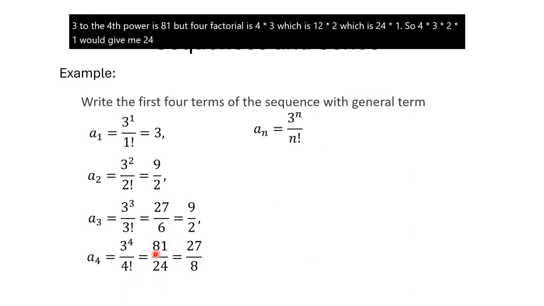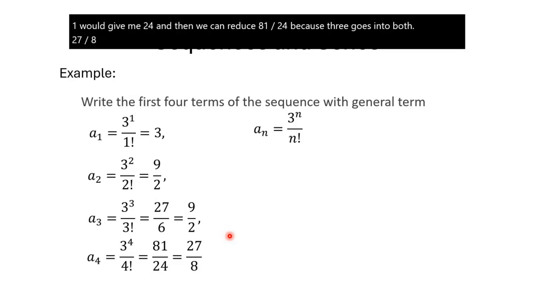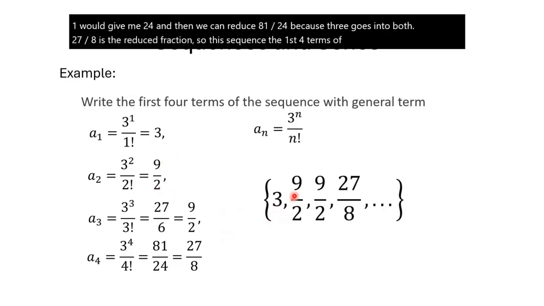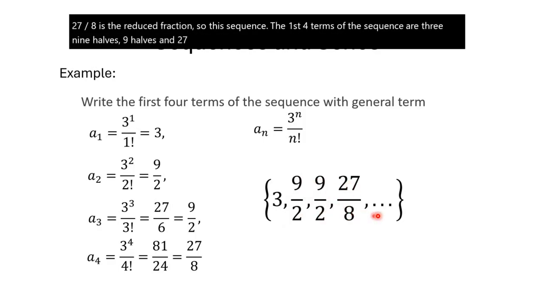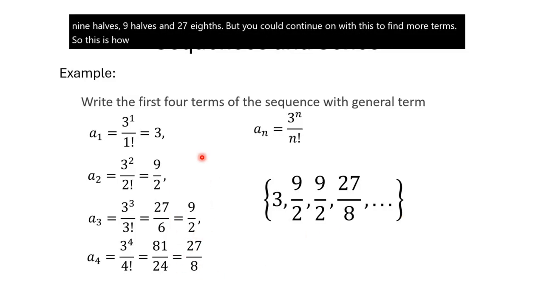Then we can reduce 81 over 24 because 3 goes into both. 27 over 8 is the reduced fraction. The first 4 terms of the sequence are 3, 9 halves, 9 halves, and 27 eighths. But you could continue on with this to find more terms. So this is how we would evaluate a sequence that contains a factorial.